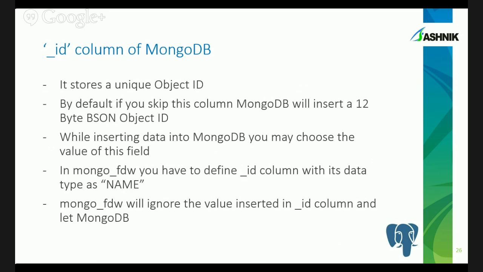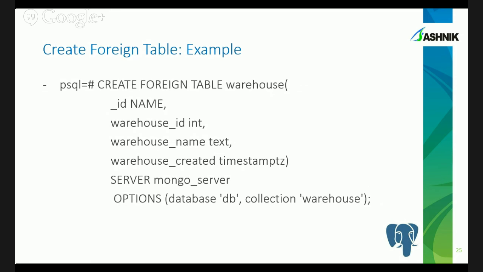But while inserting data via Mongo foreign data wrapper, you have to define this ID column with a specific data type called name. Like you see in my definition of foreign table, underscore ID has been defined as name. This is a specific data type which is reserved for underscore ID.